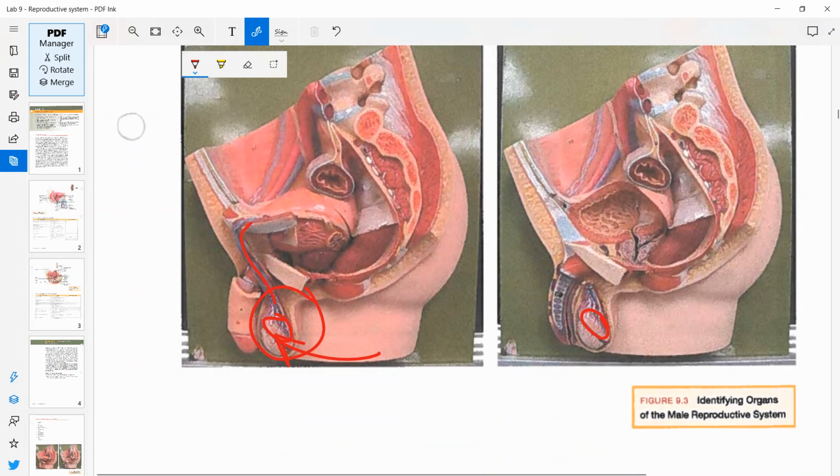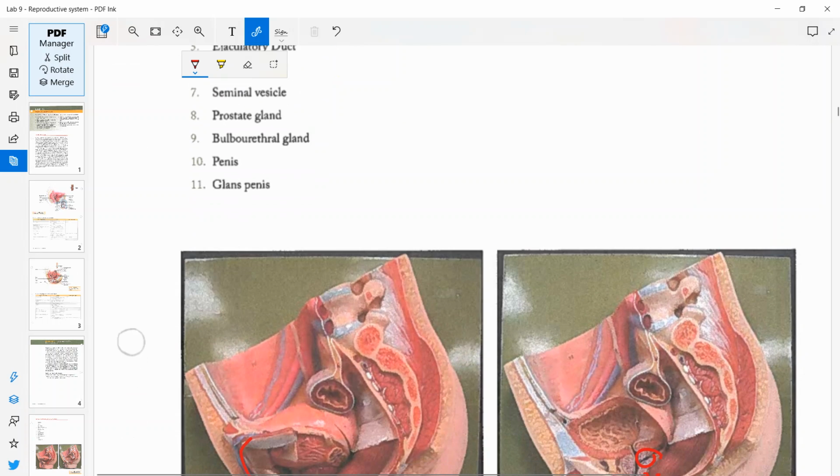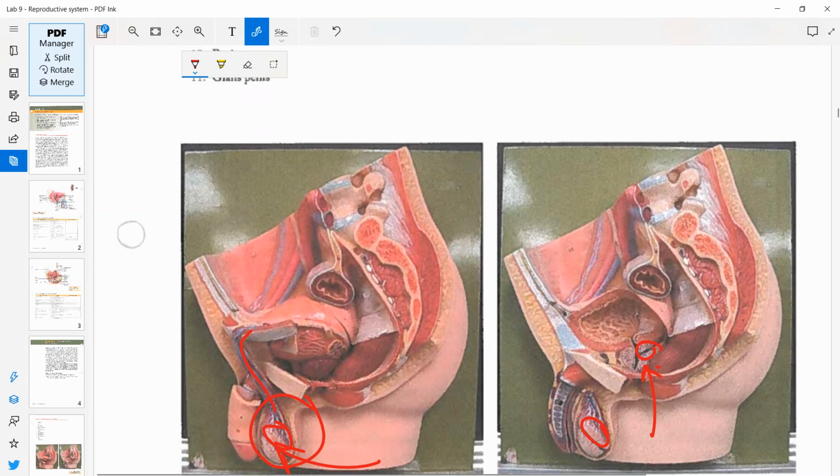Ejaculatory duct is essentially this part, which delivers semen into the urethra.